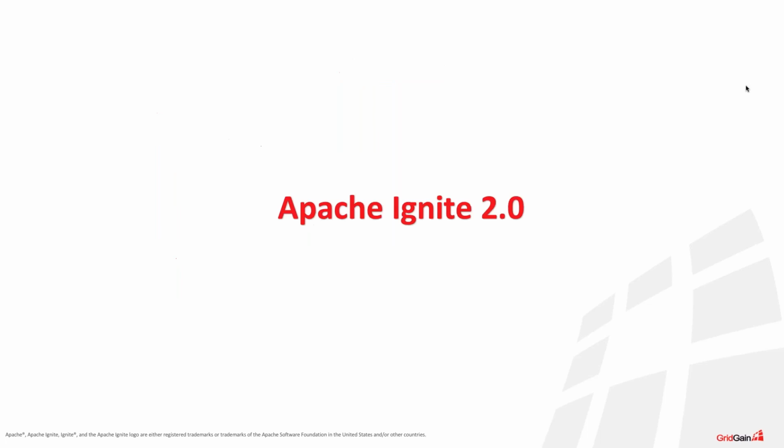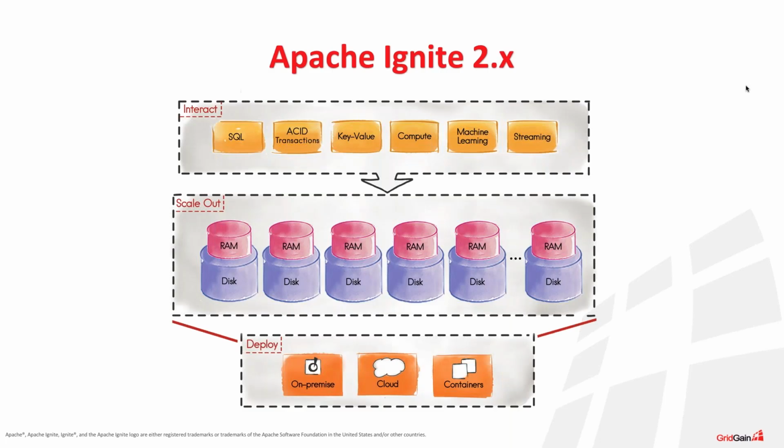Speaking about Apache Ignite 2.0, let's speak about the Apache Ignite 2.x releases, because as I said, Apache Ignite 2.0 built a new path, a new foundation for the ongoing and future Apache Ignite releases.